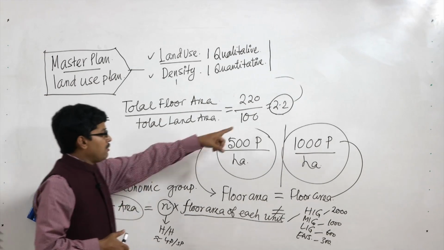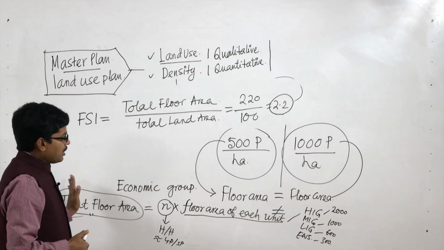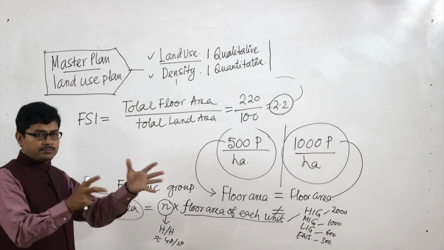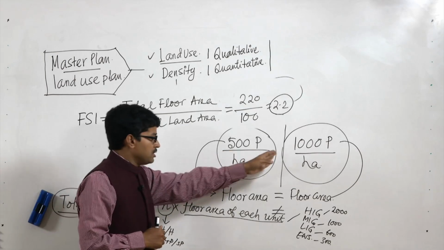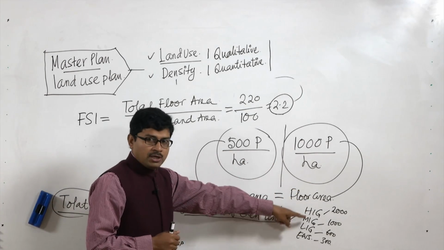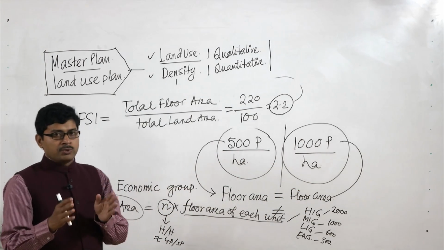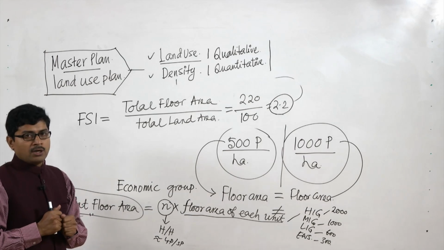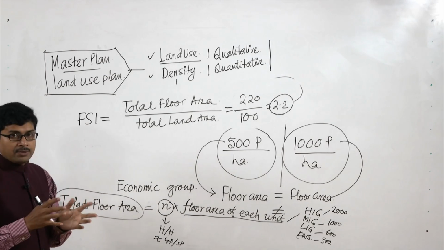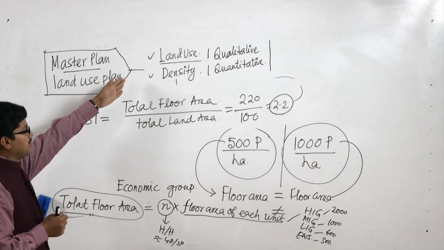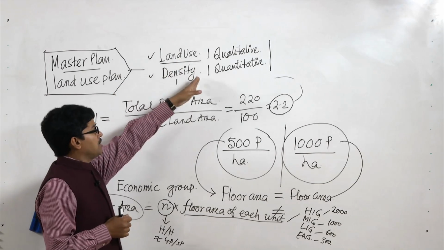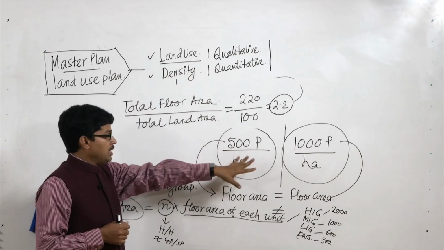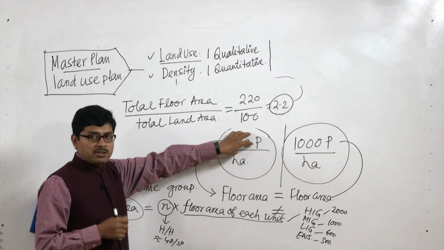So that FSI will be followed for a given residential district, but definitely we can vary the density just by varying the unit size as per the economic group. That is the trick, that is the detailing of the planning or the strategy which is needed even after the master plan level, because at the master plan level the land use and density is prescribed, but density is a figure only.